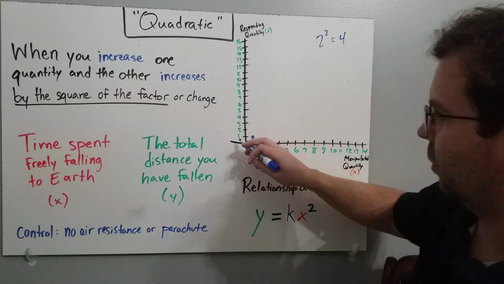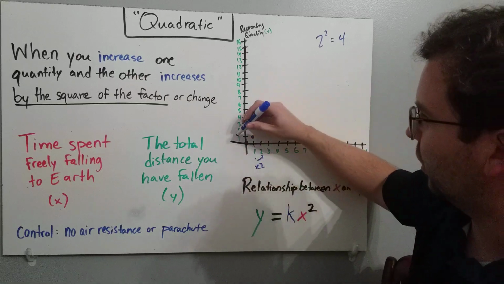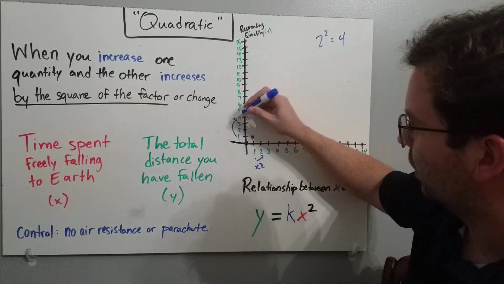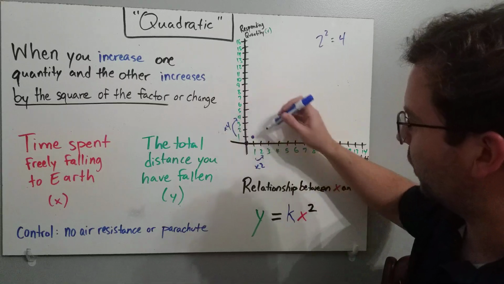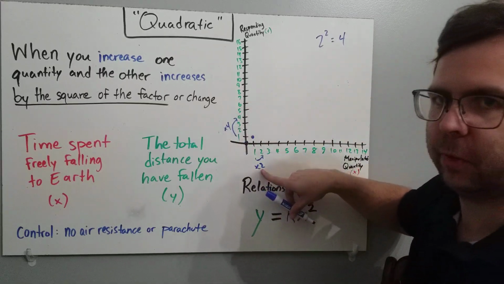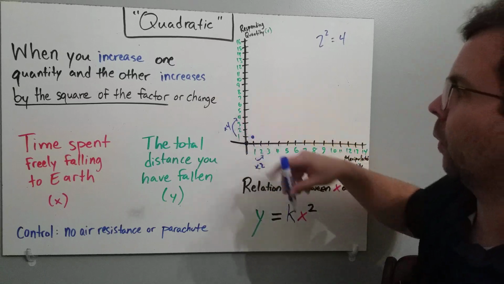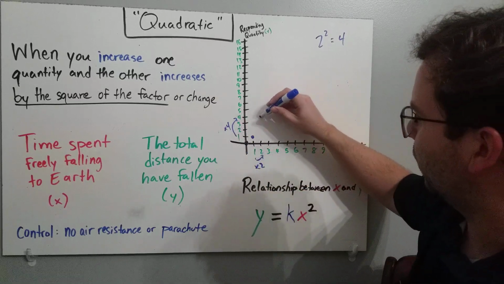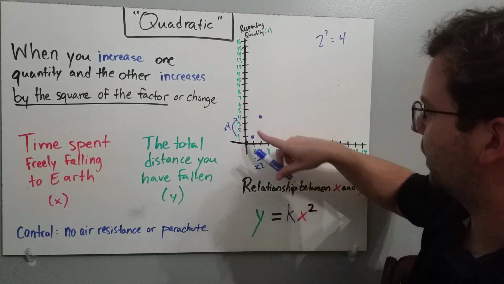So this original 1 unit of distance is now going to become 4 because it's squared. 2 squared is 4, so we double the manipulated quantity, we get times 4 for the responding quantity. And so this is that connection there.